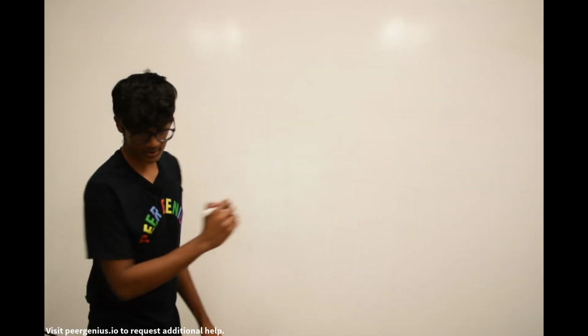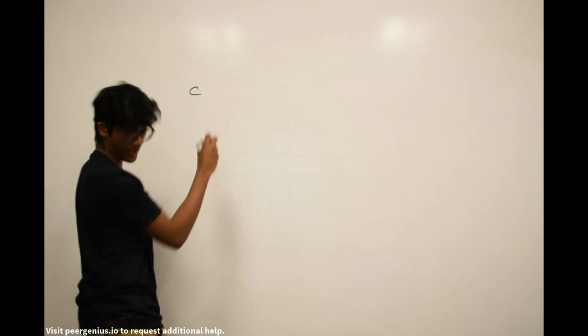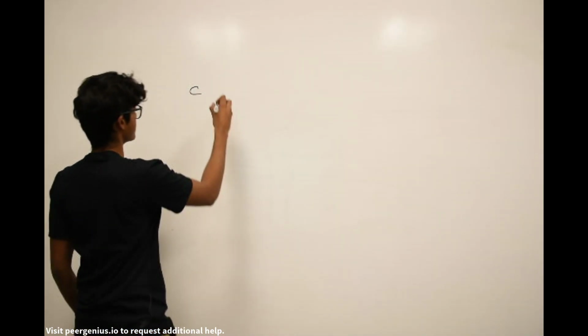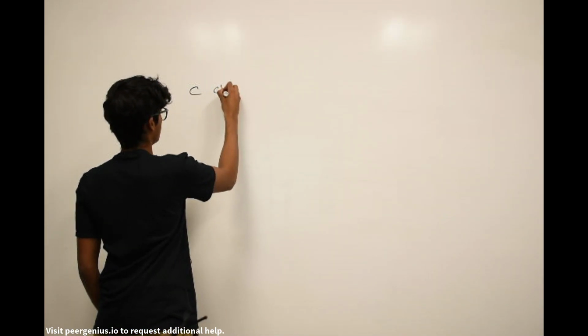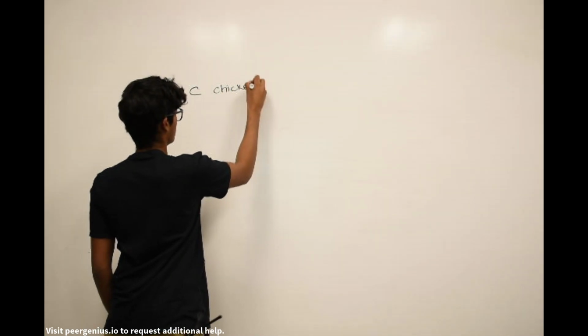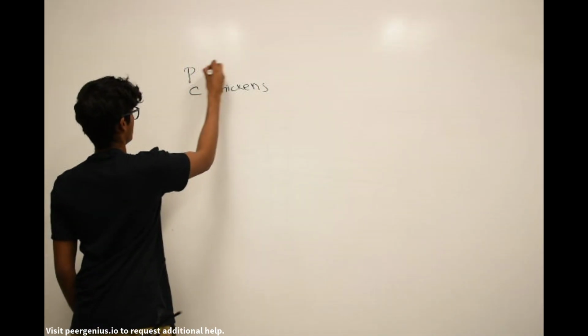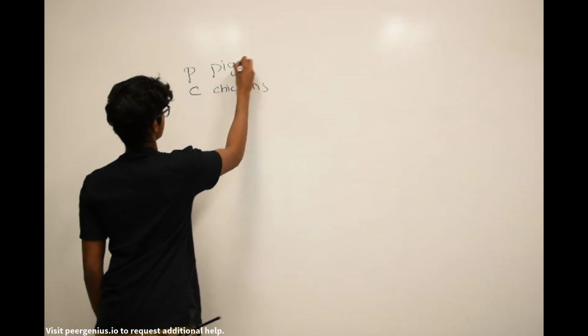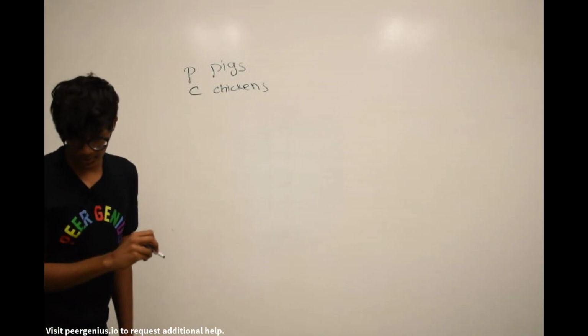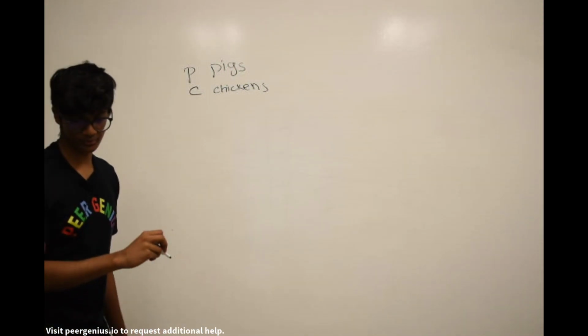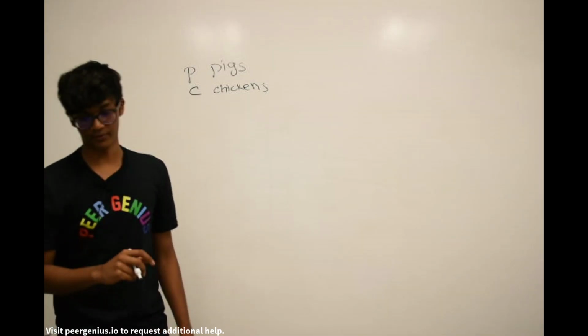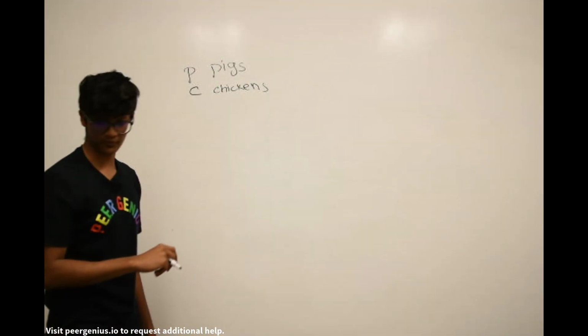So let's say you have C chickens and P pigs. This means you have 2C feet from chickens and 4P feet from pigs.